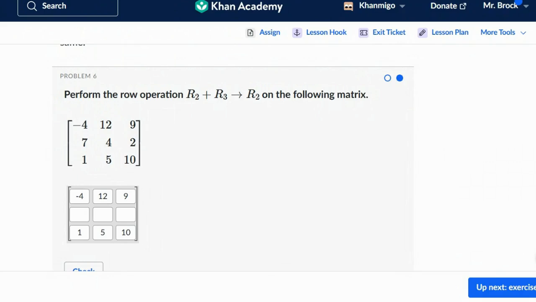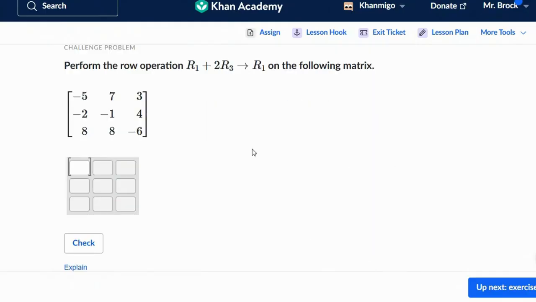Everyone's got it figured out. Again, this is the easy math, right? We're just doing elementary school where we just add 2 rows together. 7 plus 1. We learned to do that a long time ago. 9 and 12, 8, 9, and 12. It's just 7 plus 1, 4 plus 5, 2 plus. We didn't even have a negative number to deal with. Check. Perfect.